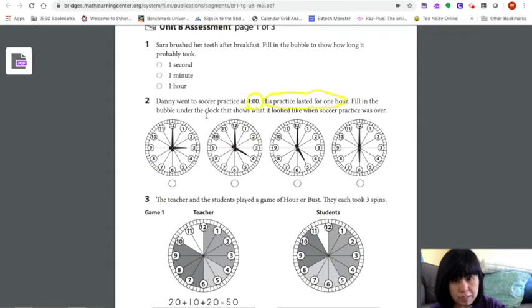So it's asking you, what did the clock look like when Danny was finished with soccer practice? So remember, he started at 4. His practice lasted for 1 hour. So when he was done and he looked at his watch, did he see this one? Did he see this, this, or this? Fill in the bubble.